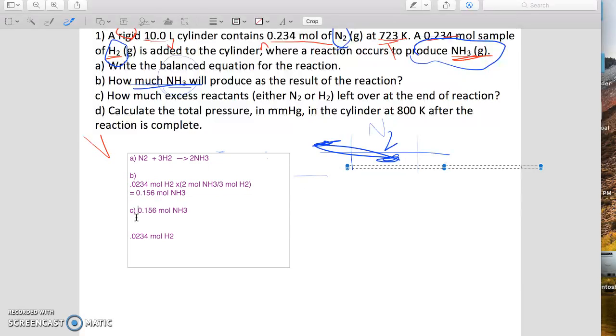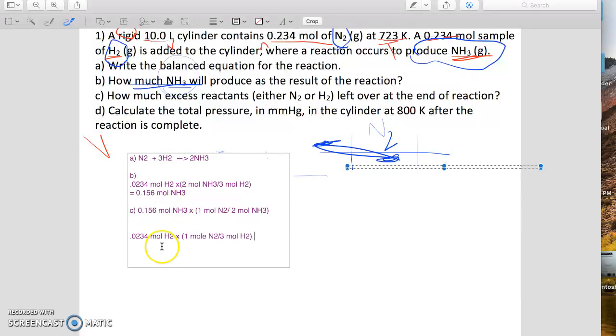For C, if you use this, then when you multiply, you're going to say 1 mole of N2 for 2 mole of NH3. Whereas if you do this, you're going to say times, and then 1 mole of N2 for 3 mole of H2.